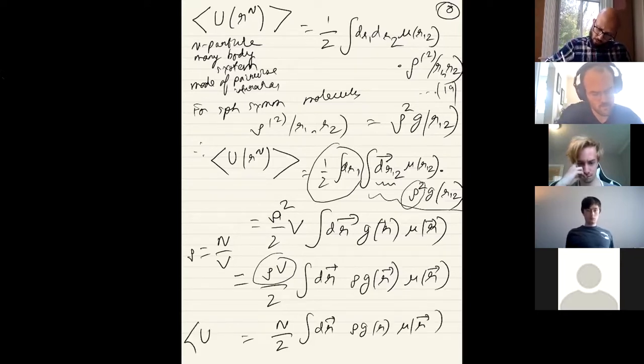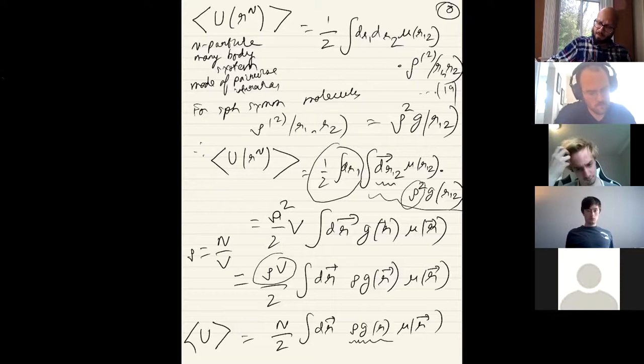And this relation is not very unintuitive if you take into account the nice property that we derived using Bayes' theorem for rho g of r. It is the conditional probability. So you are taking one atom sitting somewhere, and you are looking at having another atom at a distance r from it somewhere else. The probability of this event happening is given by rho g of r.